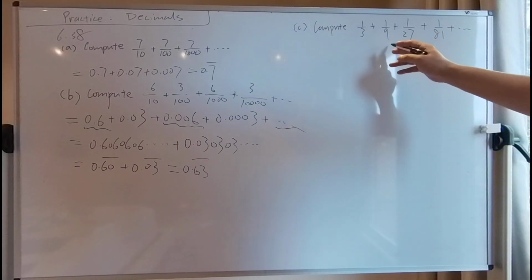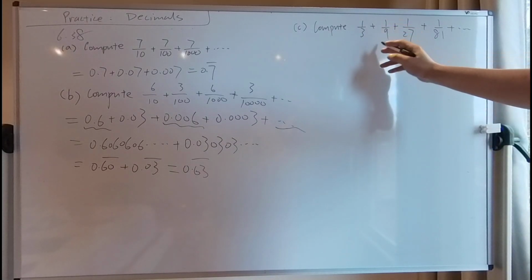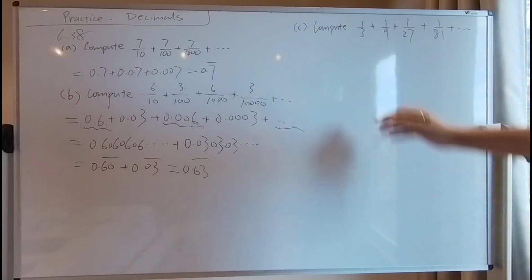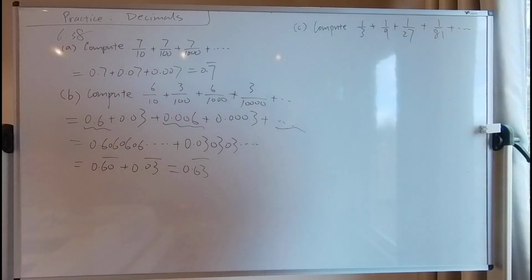This one doesn't have a denominator that is a power of 10. The pattern is that the denominator is 3 and multiples of 3, and keep multiplying by 3 one by one. So what would be the pattern?